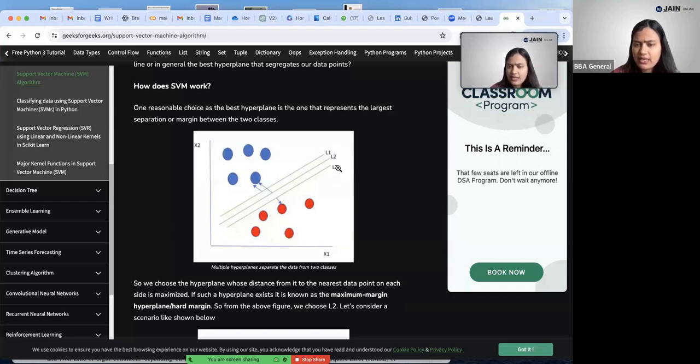And if we see line 3, then it has less distance on the red side and higher distance on the blue side. So the safest line would be line 2, which is separating the data with equal distance on both of the sides.